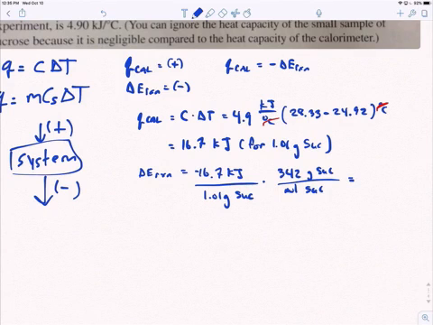So that equals 16.7 times 342 divided by 1.01. And we get 5655 kilojoules per mole.